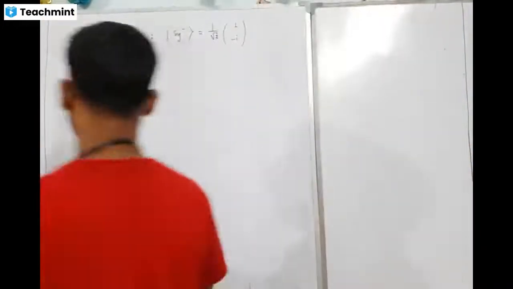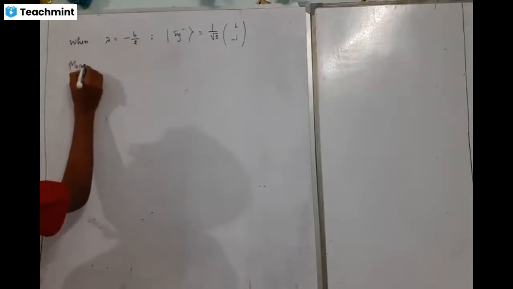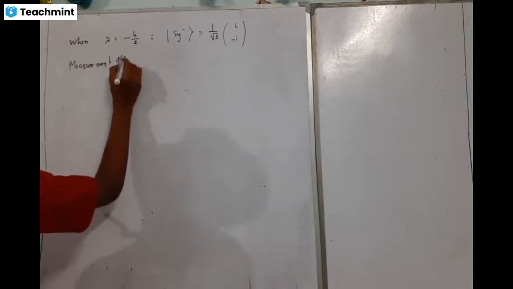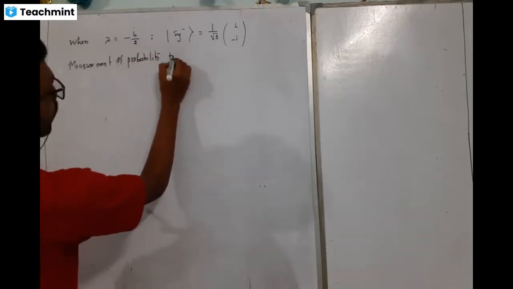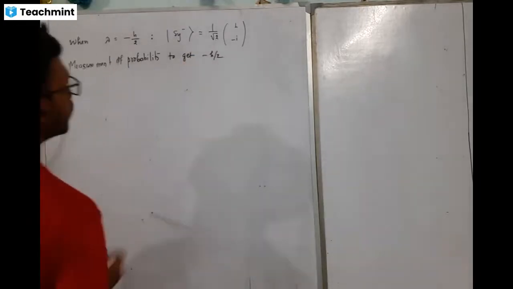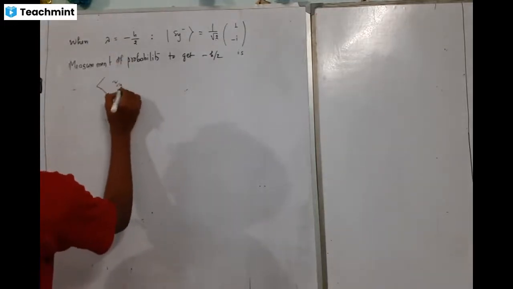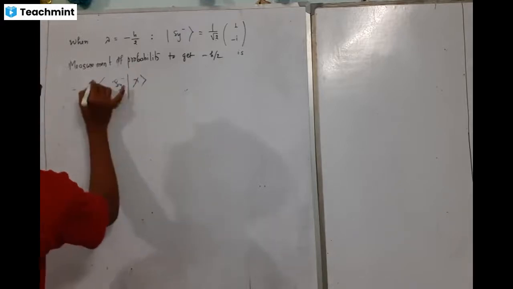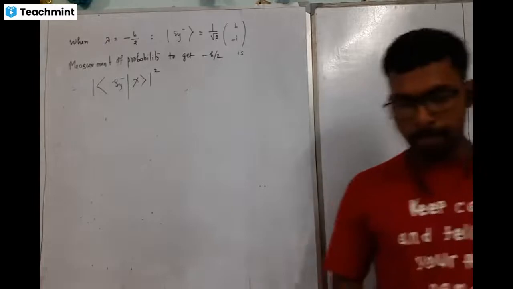So now the measurement probability to get minus h cut by 2 is equal to the mod square of bra Sy minus with ket psi.